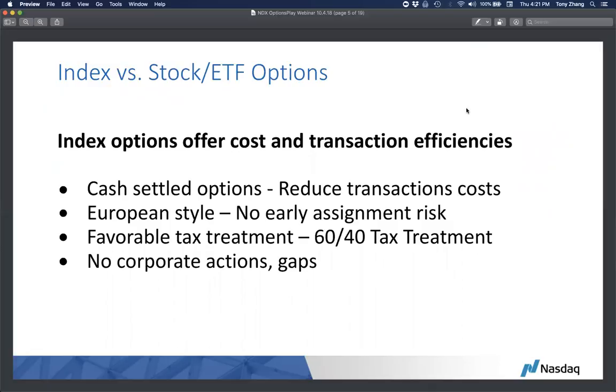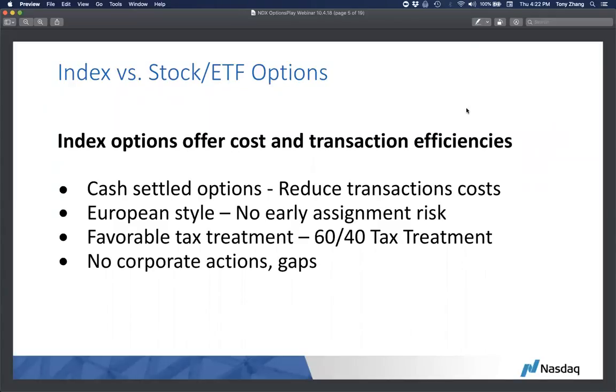So index options from a trading perspective offer some cost and transactional efficiencies, and there's some additional benefits of trading index options compared to stock or ETF options. So I'll go over a few of those. Number one, index options are cash settled. So in my opinion, what that does is it reduces transaction costs, because when something is cash settled, you don't have to worry about expiration.